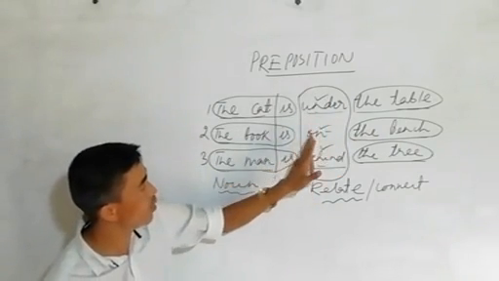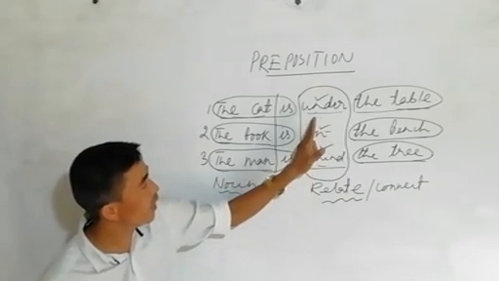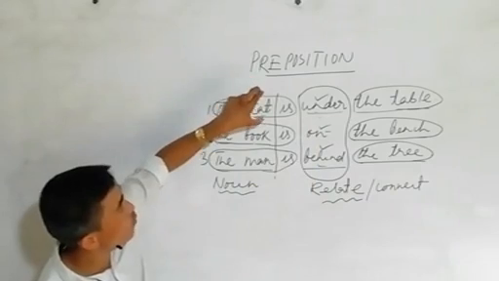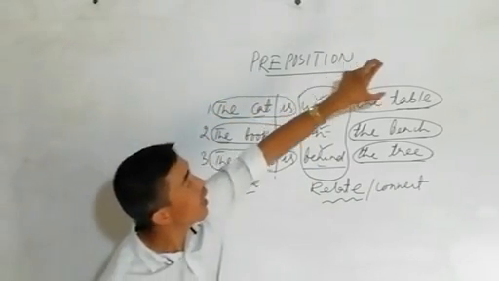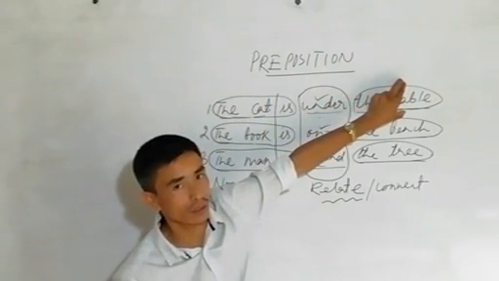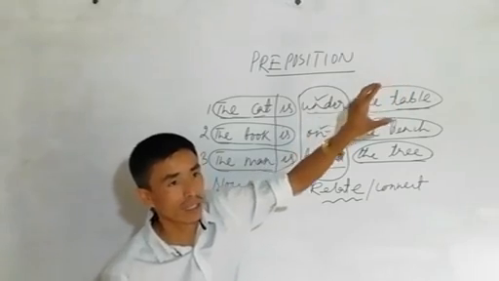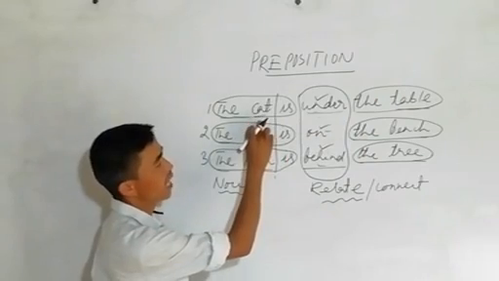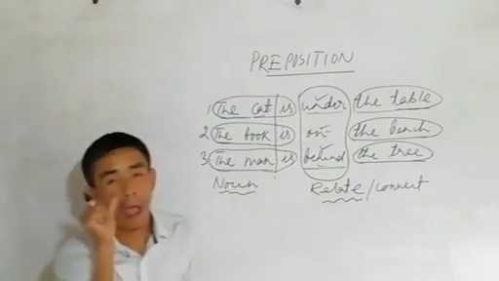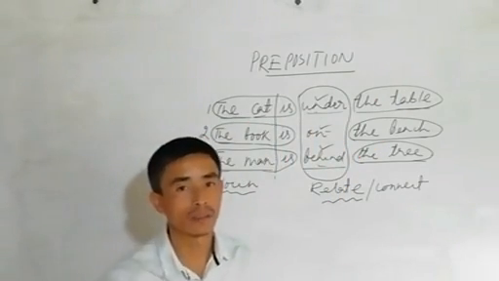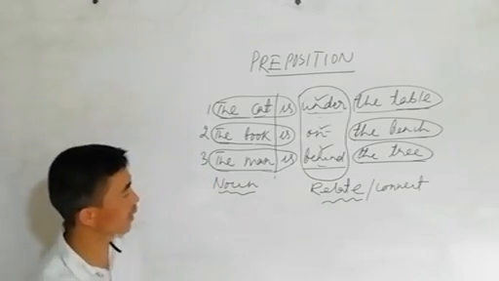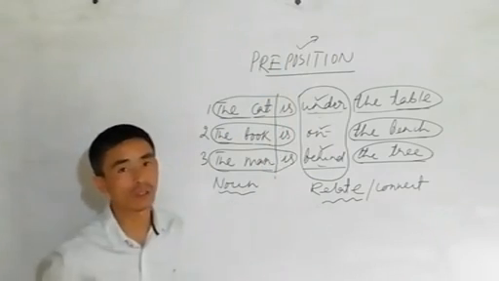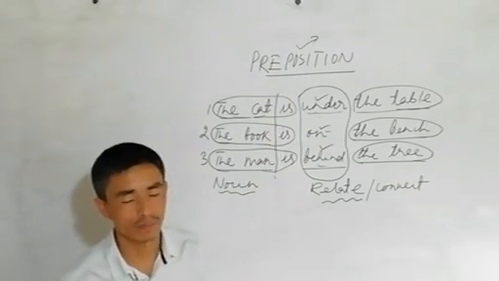These words under, on, behind do the work of relating this noun or group of words to the other noun or pronoun. In English, we call them prepositions.